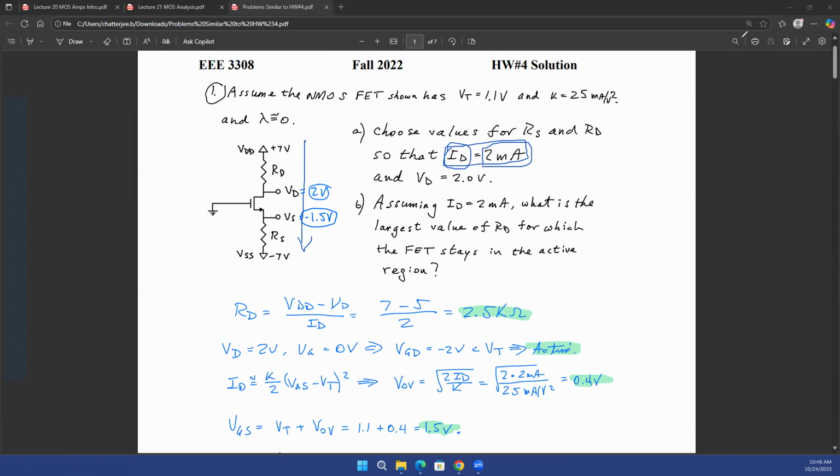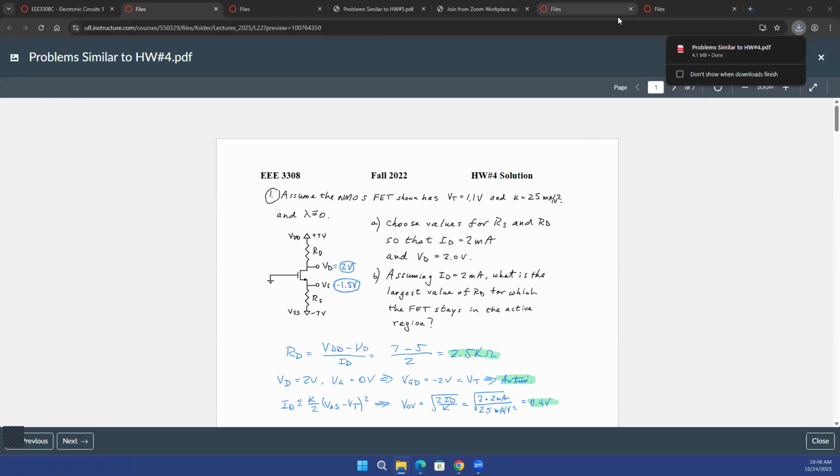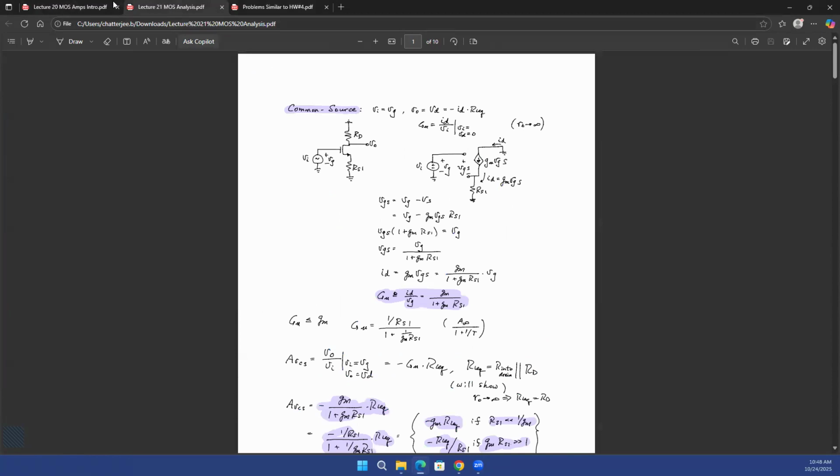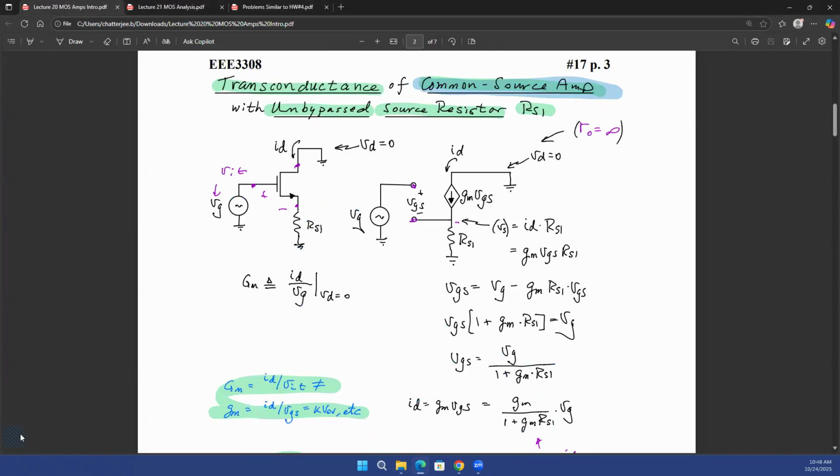Now, what we are learning now is, once you have made sure that the transistor is in the correct operating region, in saturation, after that you will apply an AC voltage at the input. And if you apply this AC voltage at the input, you'll see an AC current at the output, which is different from the DC current that we talked about in homework 4.